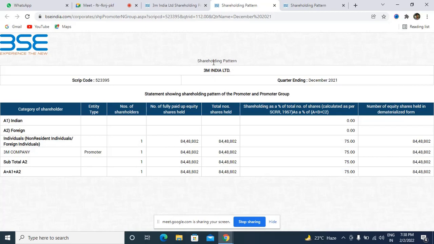Although their name is 3M India, there is no Indian promoter here. Promoter Indian stakeholding is 0%. For the foreign ones, individuals, non-resident individuals, foreign individuals, in this category they are holding this much. You can see under this subsection 3M company is the promoter. So 3M company is holding 75% of it, and who are they? Non-resident individuals.